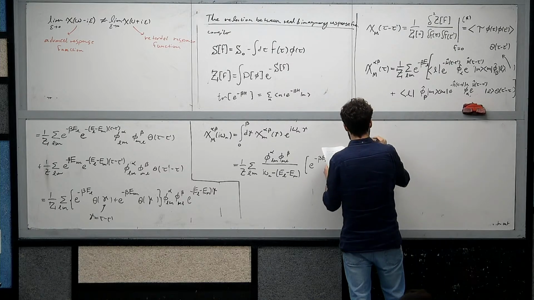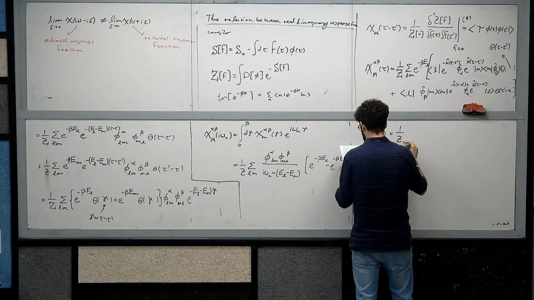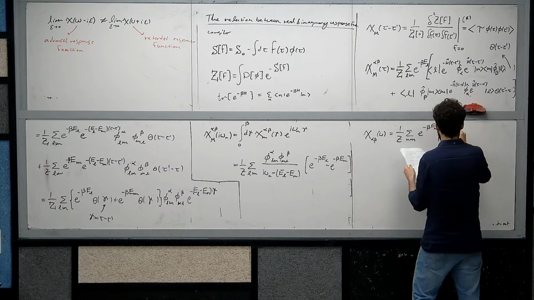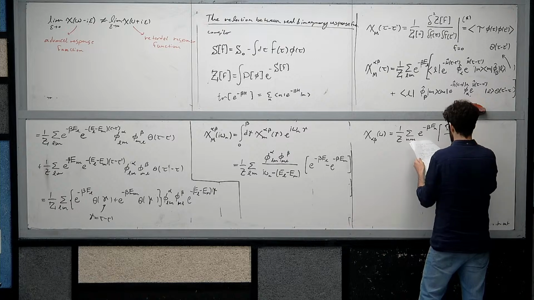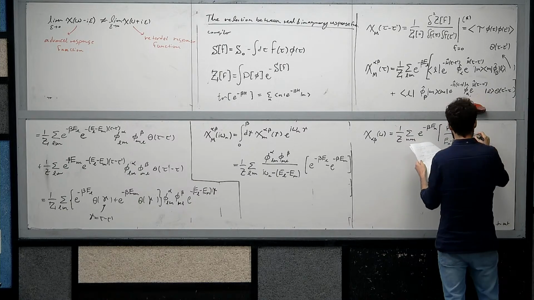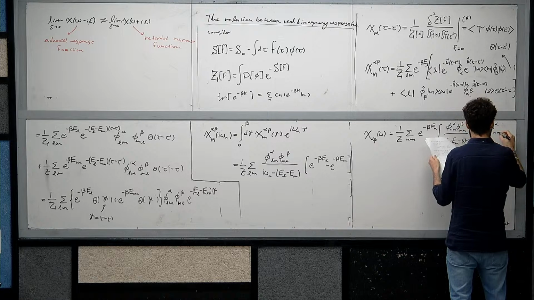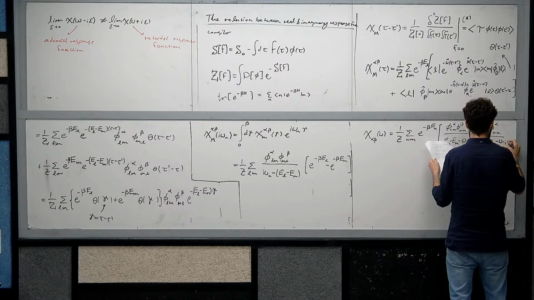Before we had chi alpha beta of omega equal to 1 over Z, sum over n, m, e to the minus beta E_n, and then we had phi n m phi m n alpha beta over E_n minus E_m minus omega minus i epsilon, minus phi alpha phi beta, phi alpha n m m n, over E_m minus E_n minus omega minus i epsilon.